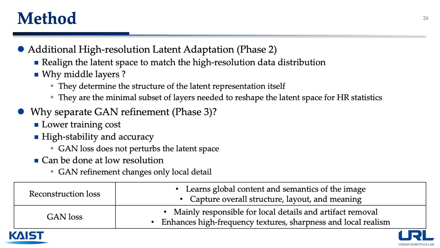This allows the GAN to improve local textures and sharpness without disturbing the latent space we established in phase 2. Overall, by decoupling what is trained at each resolution level, DCAE avoids the instability of full high-resolution training while still achieving high-resolution fidelity and efficient compression.